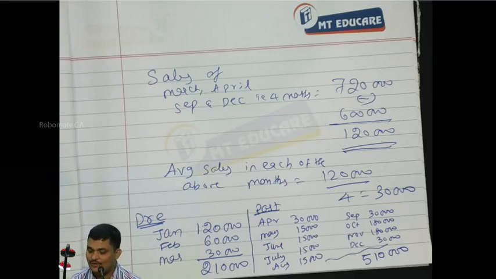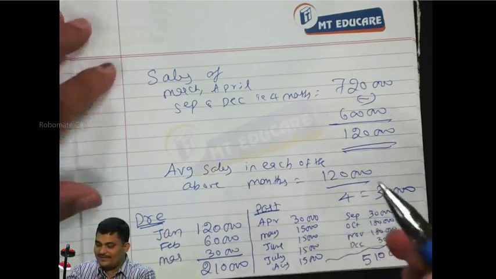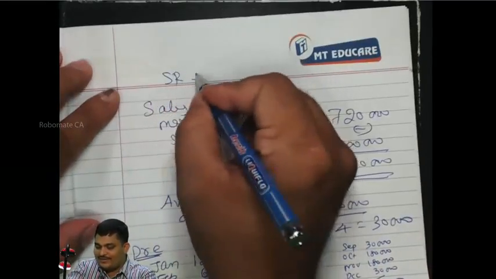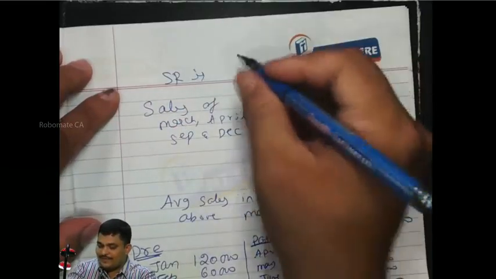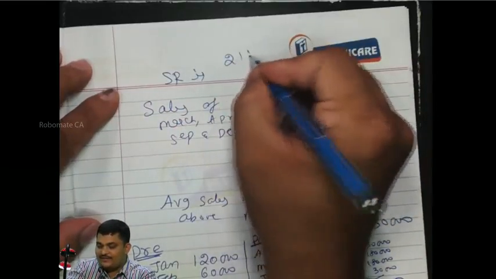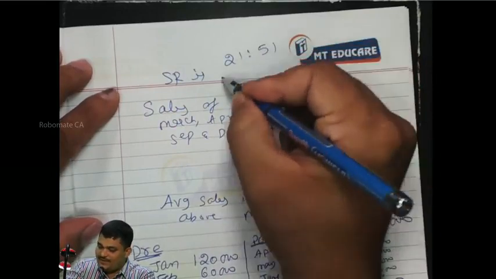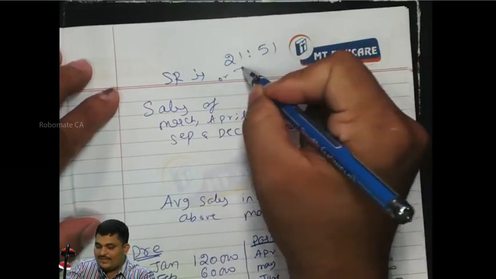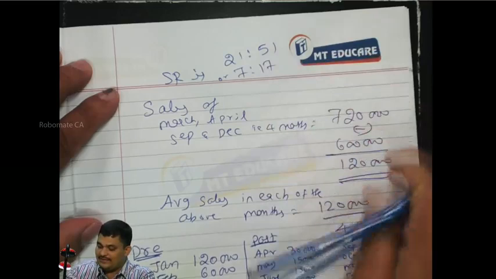Everybody? So we just found out that sales ratio is 21:51 or 7:17.